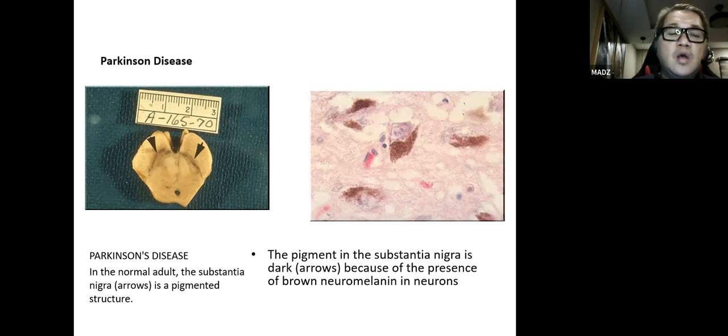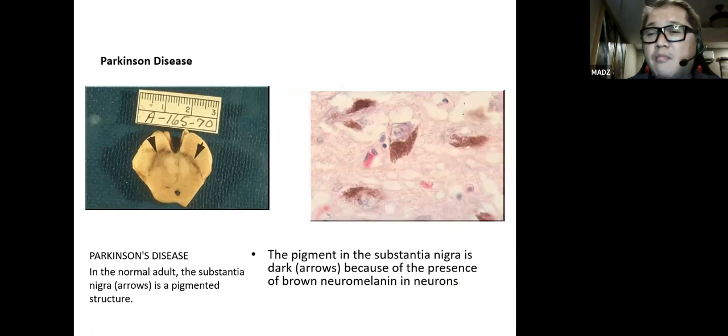Okay, so this is a specimen of a midbrain. In a normal adult, the substantia nigra, which is this one, is located in the posterior portion of the crus cerebri in the midbrain, and usually it is pigmented. The pigment in the substantia nigra is dark because of the presence of the brown melanin in the neuron.